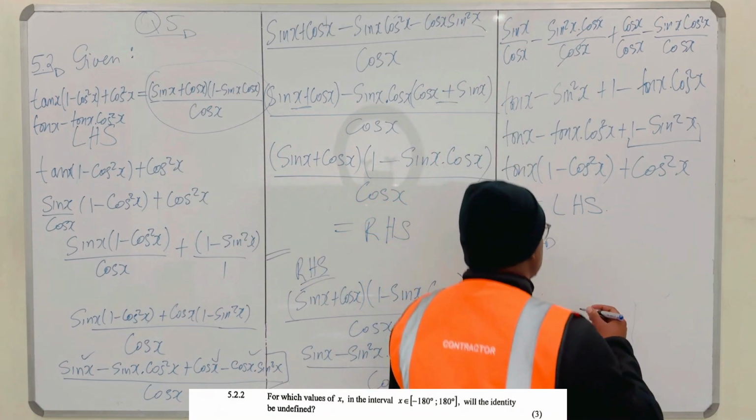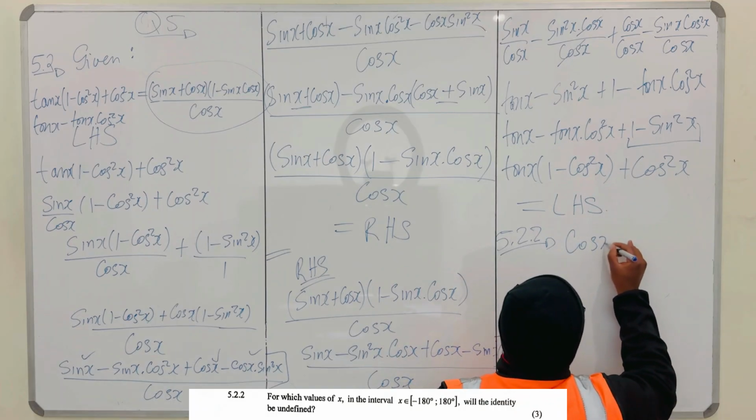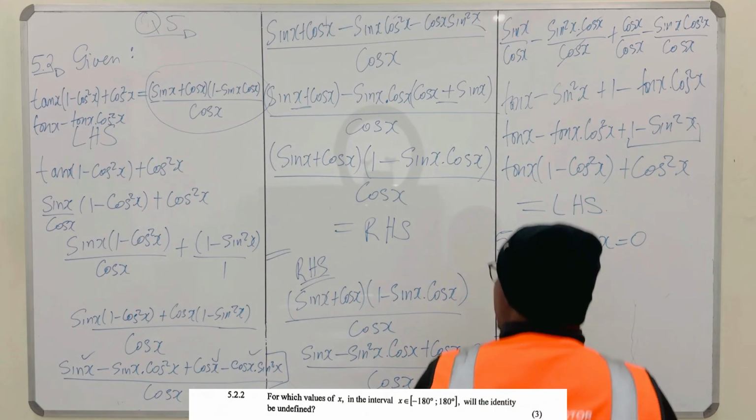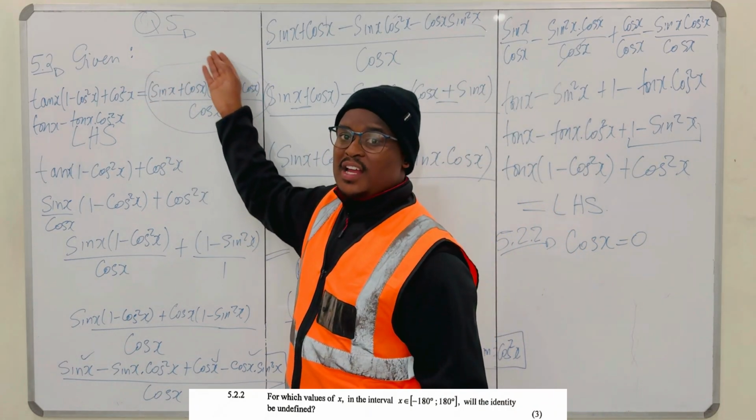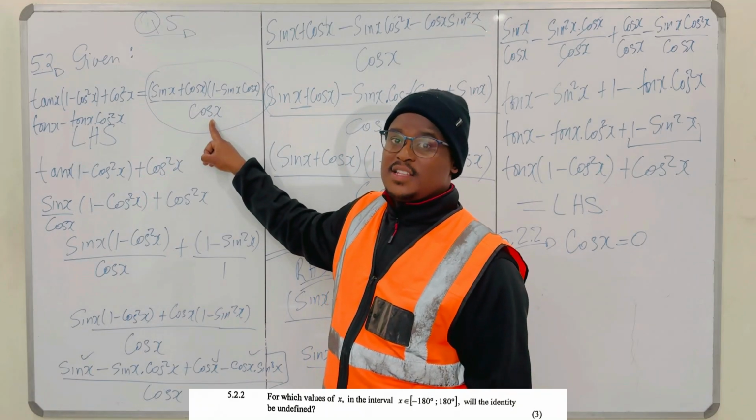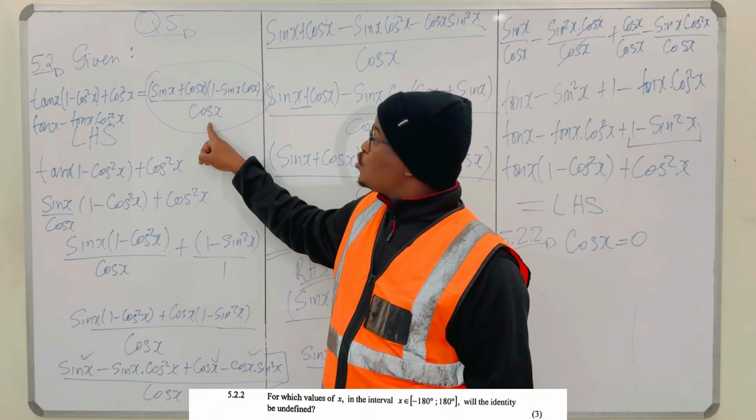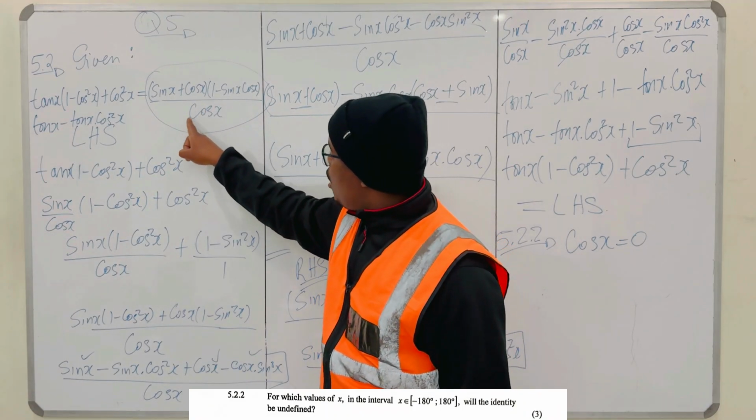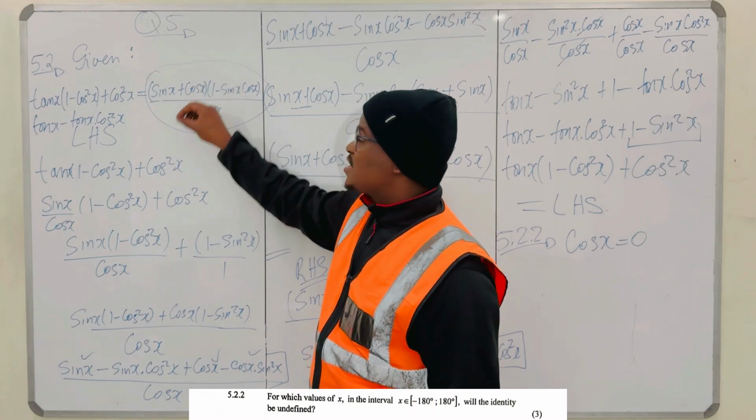So if you get your cos x equal to 0, then this expression will be undefined because you'll be dividing by 0.